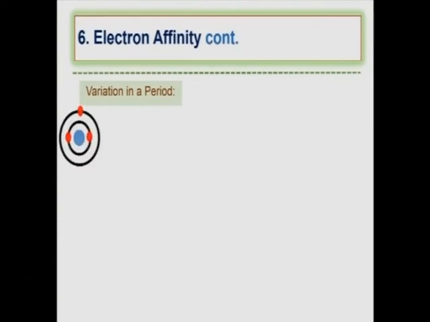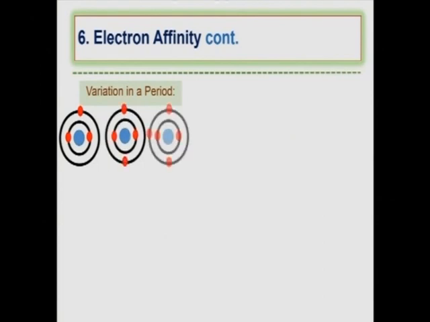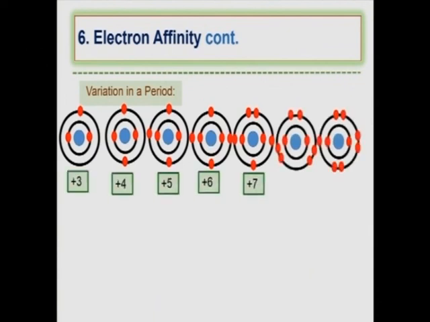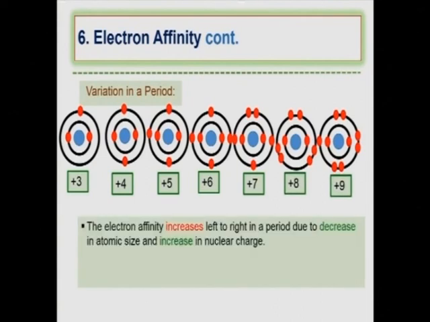Now let's see what happens in a period and what happens in a group. In a period, as we move from left to right, the value of electron affinity increases. Why? We all know that atomic size decreases, and when there is a decrease in atomic size, there is an increase in nuclear charge.